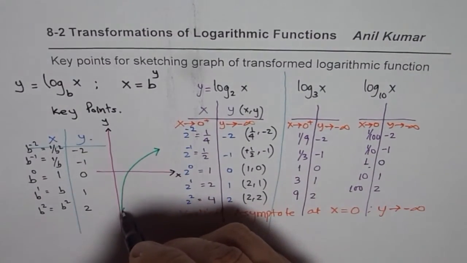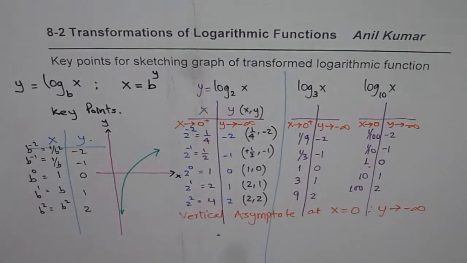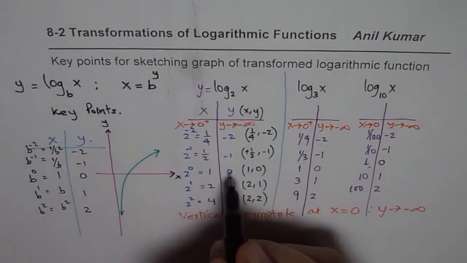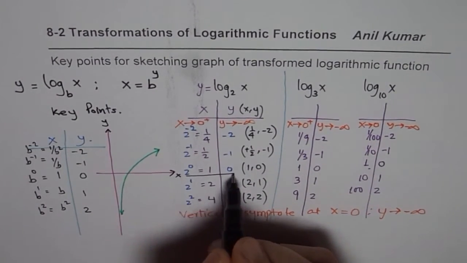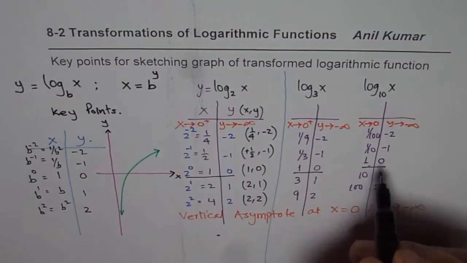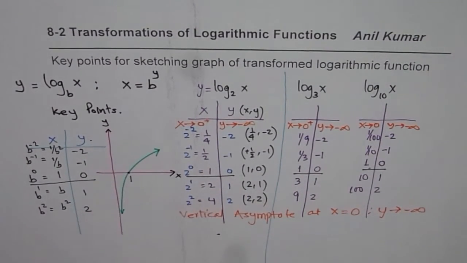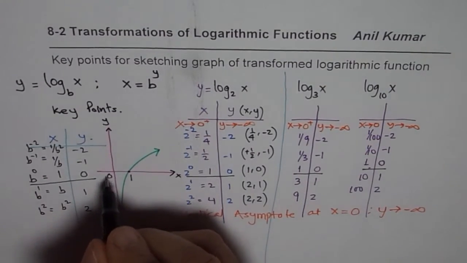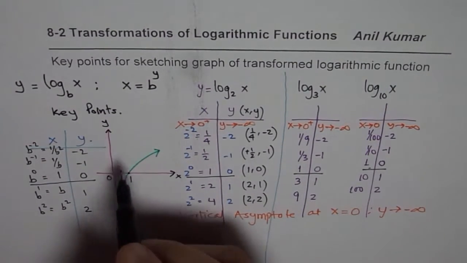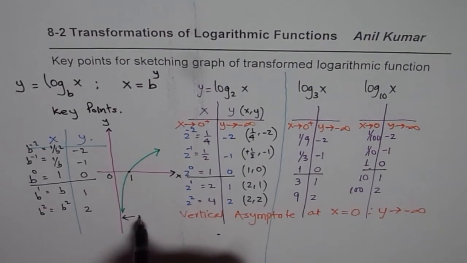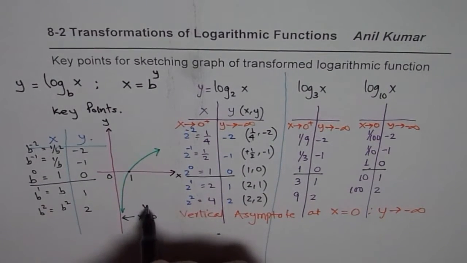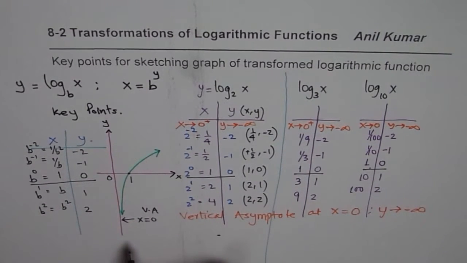Do you see that? And always, as you've seen this point, correct? It doesn't matter what base is. The x-intercept is going to be at 1. And we have a vertical asymptote. That's your vertical asymptote. X equals 0 is the vertical asymptote, correct?